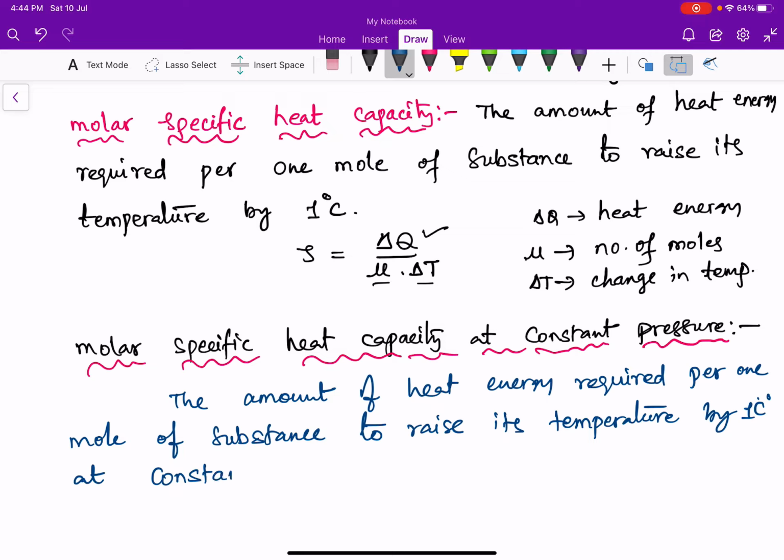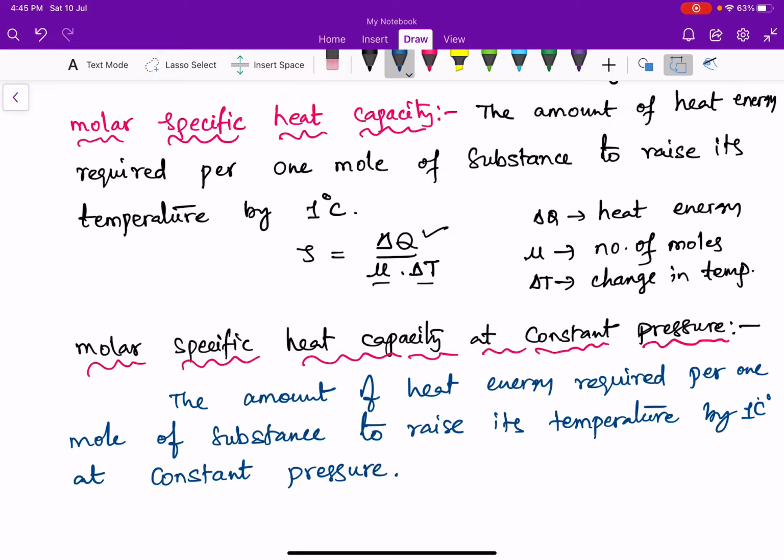By keeping the pressure of the gas constant, we supply the heat energy, in this case for 1 mole of substance, to raise its temperature by 1 Celsius degree, and this is called molar specific heat capacity at constant pressure.